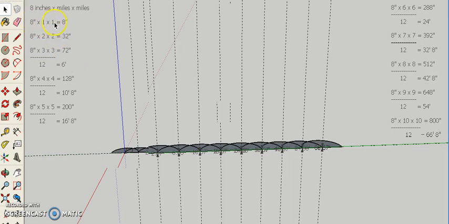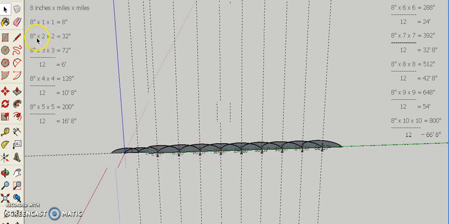Here, for a large circle, it is 8 inches per mile times miles, giving the first drop at 8 inches. And as you increase the miles, the drop rate continues to increase to plot a curve.